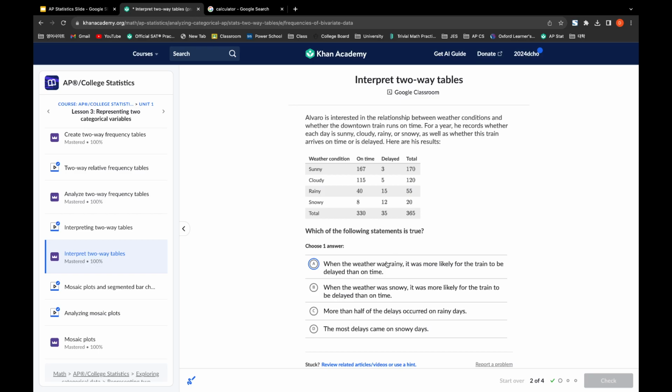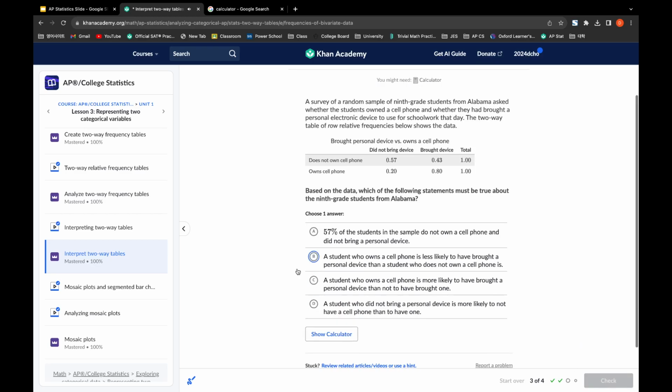So A is incorrect. B: when the weather was snowy, it was more likely for the train to be delayed than on time. Yeah, it is correct because among 20 snowy days, we had more delayed days than on-time days. So the answer should be B.